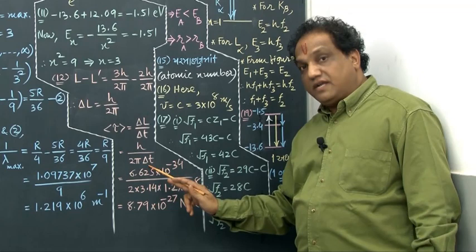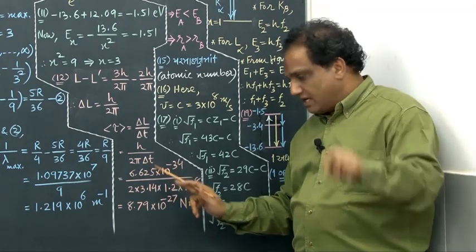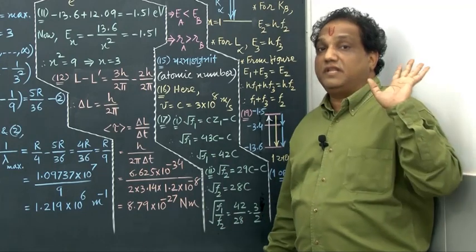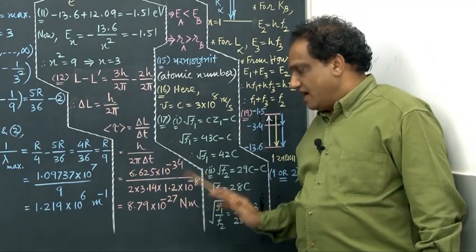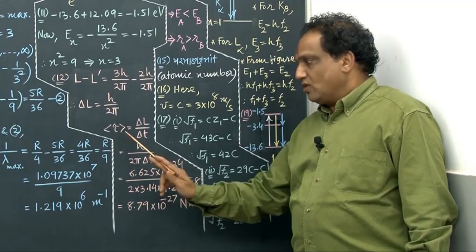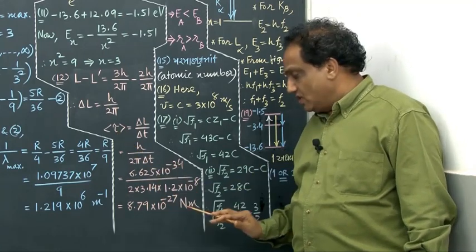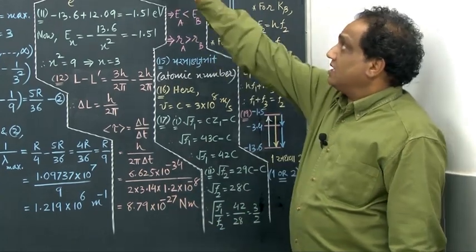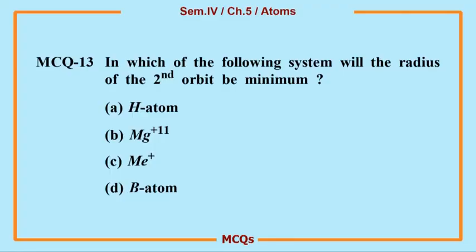The time interval given in the statement is 1.2 into 10 raised to minus 8 seconds. Simplify, the answer is 8.79 into 10 raised to minus 27. Because you are finding torque, the unit is Newton meter. Correct? Kindly read the statement of number 13.